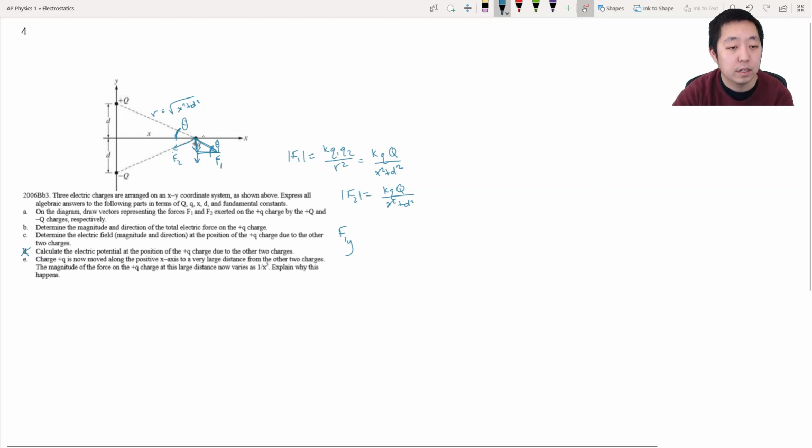So F1y, the y direction, is going to be F1 sine of theta, because if this is theta, the opposite side, the y component, is this one here. From this triangle, I know sine theta is opposite over hypotenuse.